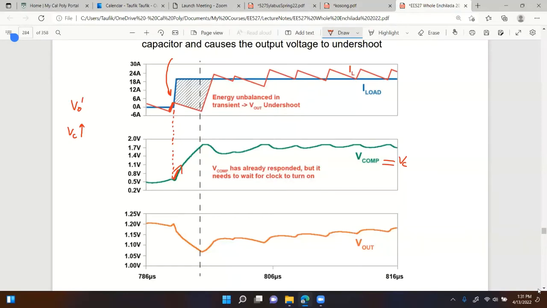Remember the clock, right? Even though the controller sees that change already, the controller has to wait until the next clock is initiated, which is right here, basically. So that's the clock right there. You can see it's constant clocking.